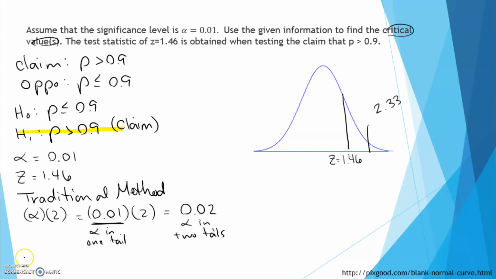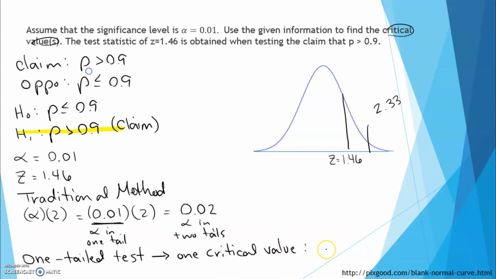Okay, so a one-tailed test is the same thing as having one critical value. In this case, it's 2.33, which was the only thing that they were looking for. But we're going to go on to steps 7 and 8, so you see the whole process.